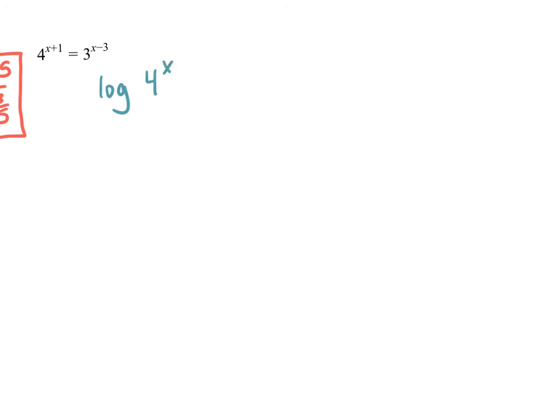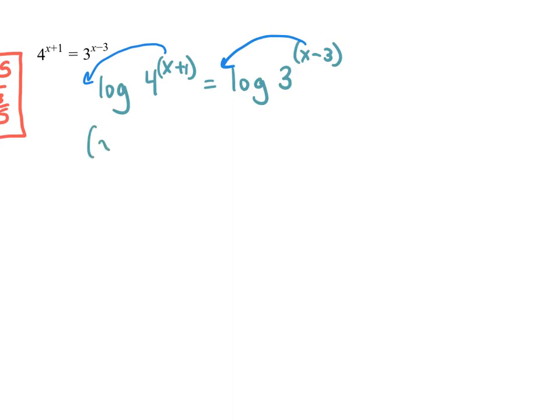So log of 4 to the x plus 1 equals log of 3 to the x minus 3. The reason I do this is so I can bring the exponent out front. So we have x plus 1 times log 4 equals x minus 3 times log 3.